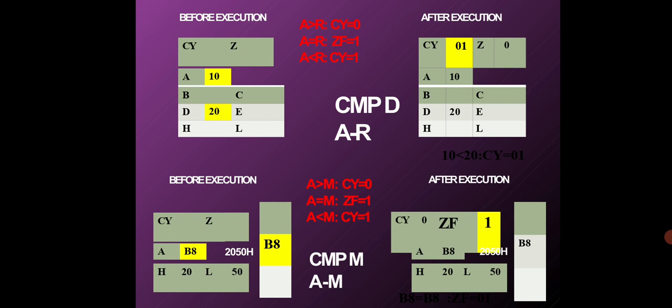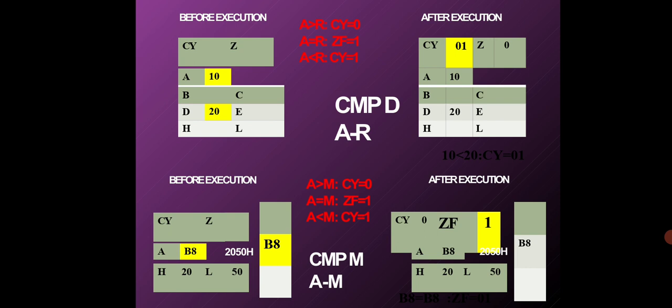If A is equal to R, then the zero flag is 1, and if A is less than R, then CY, that is the carry flag, is 1. So after execution of the instruction CMP D, the carry is 1.